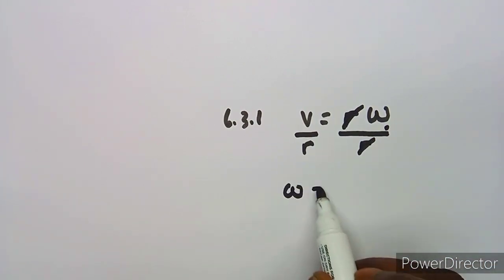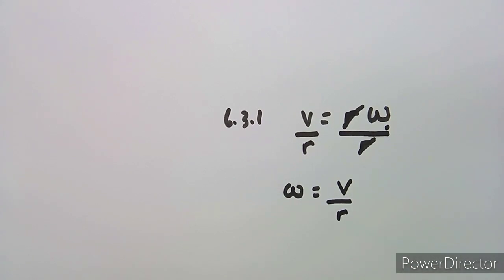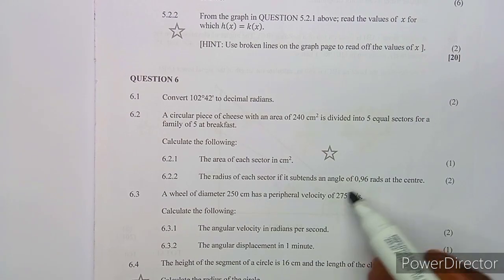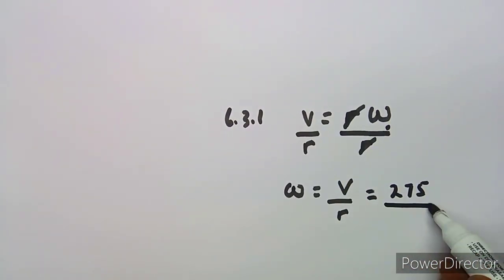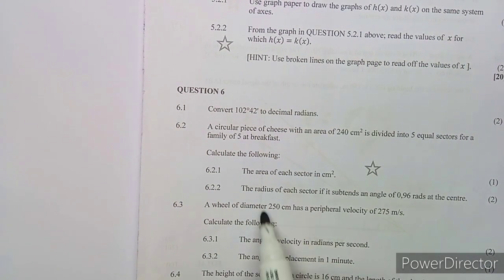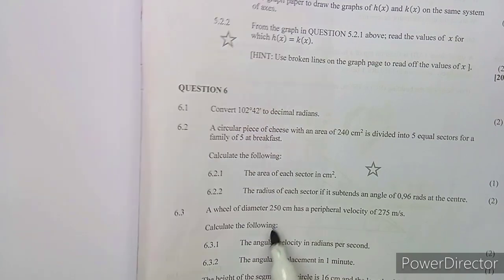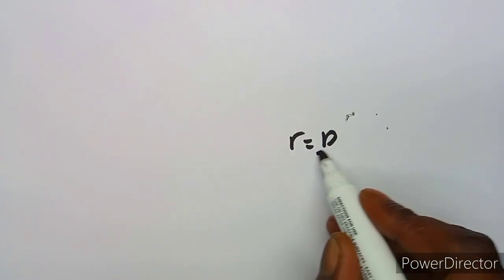So this is what's going to happen. Our W is going to be V over R, which is the peripheral velocity in meters per second, 275, over the radius, which is in meters. There we have the diameter in centimeters, so we have to find the radius, and remember radius is diameter over 2.